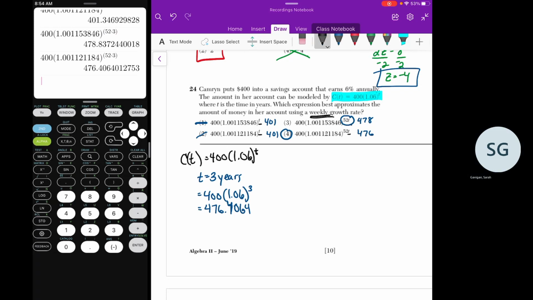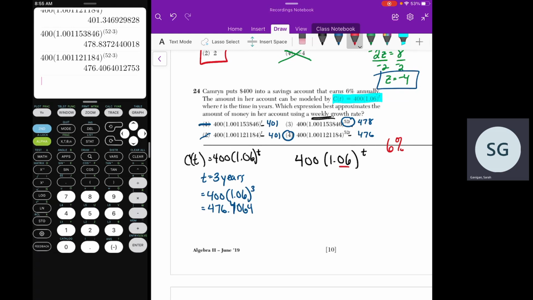Okay, so what we're going to do is take this to the T, and express it in weekly growth rate. So what this says is I can clearly see it's 6% growth annually. Well, let's see what it is in weekly.